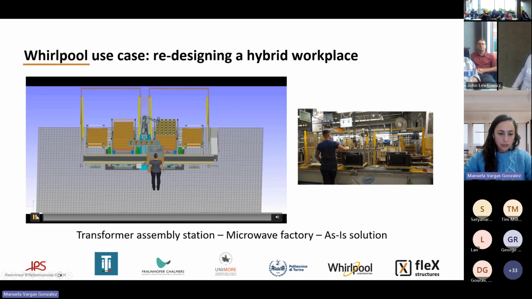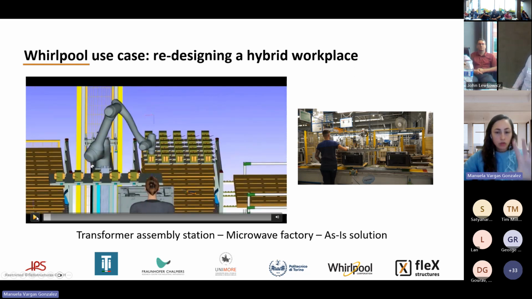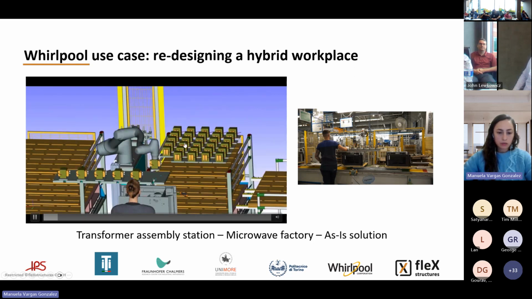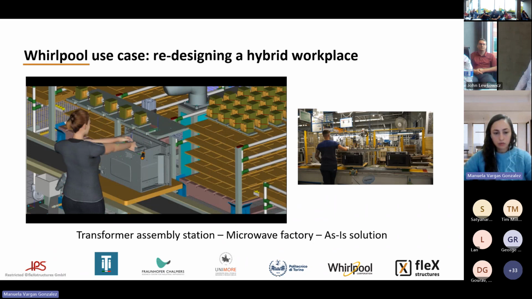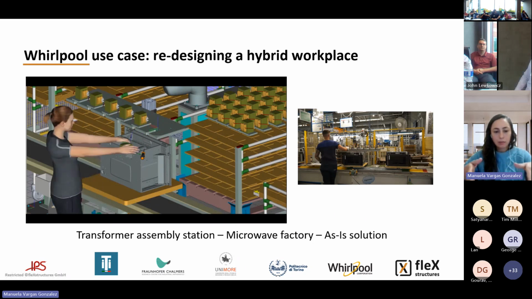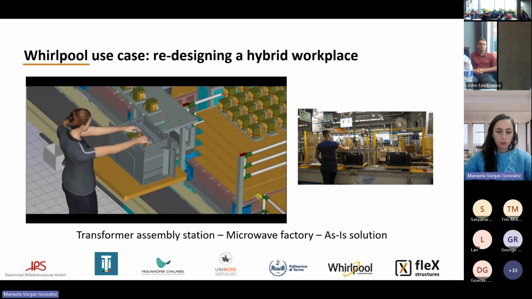So as you can see, this workstation that you are seeing right now is how the workstation is at the moment. That is actually a human-robot collaboration, a hybrid workplace. The robot picks the transformer, then places it on a table in front of the mannequin, and then the mannequin needs to pick that transformer and perform the assembly of the transformer inside of the microwave.